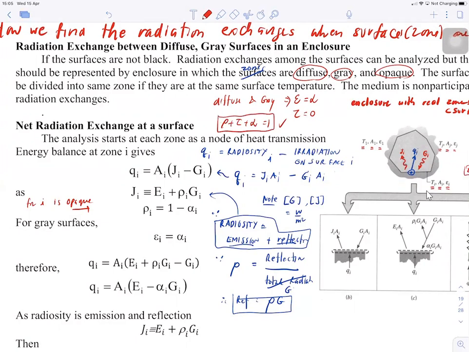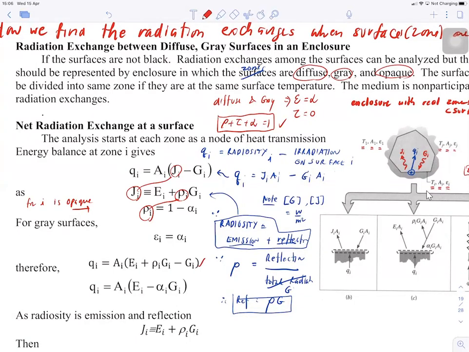And it is a gray and diffuse surface, so you're going to have epsilon I equal to alpha I. So you substitute rho here first, and then you substitute J into this, and you get this equation.